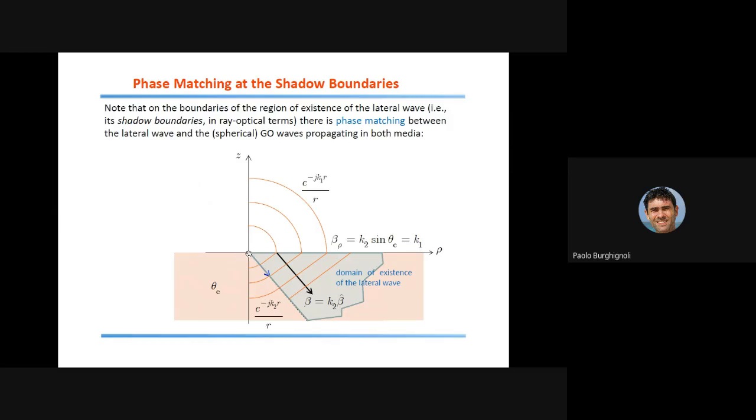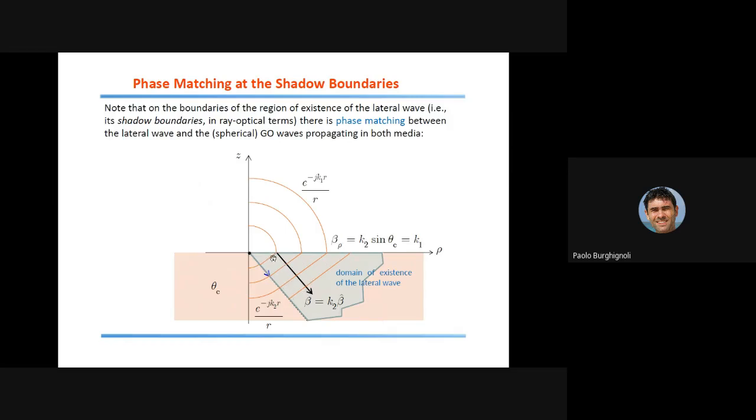Then the domain of existence of the lateral wave is defined by this oblique line here, which forms the critical angle with respect to the vertical direction. Now, inside the domain of existence, the lateral wave propagates as a uniform plane wave with a wave number K2, which is the wave number of the lower medium. So here you can see the wave fronts that are straight inside the domain of existence.